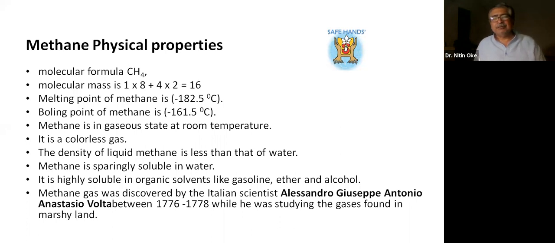It was somewhere between the years 1776 to 1778, 18th century, when he was studying the gases which are found in the marshy land. So in marshy lands, methane is generated, and he identified and studied that gas.